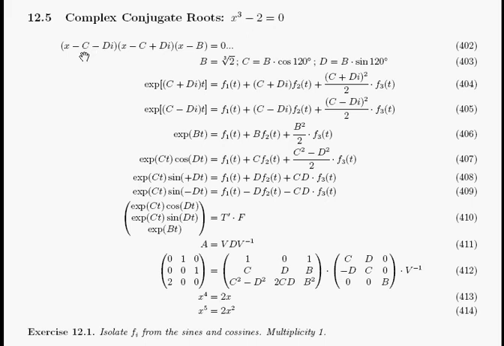Cosine on the real part and sin on the imaginary part. So we have three equations. Exponential of c plus di t, exponential of c minus di t, exponential of bt.